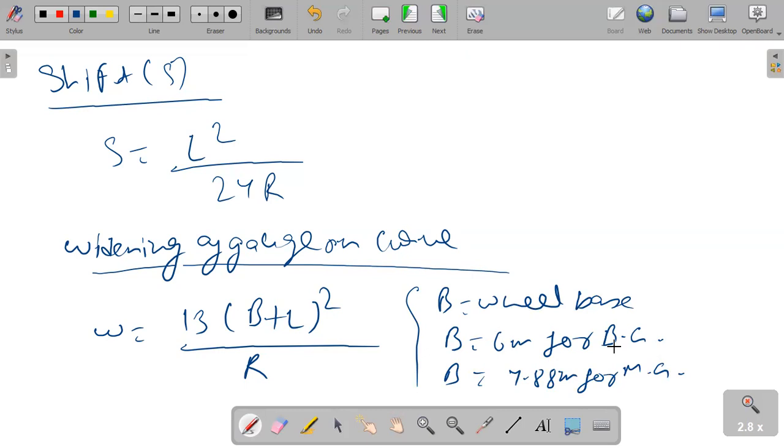Okay, so this is the thing in widening of gauge on curves.